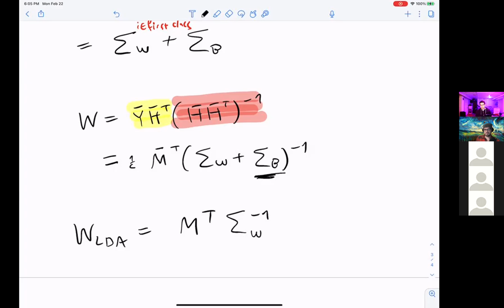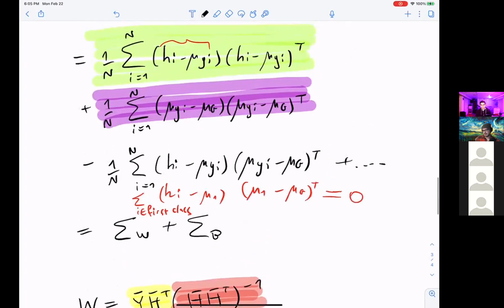Could you say again why the cross terms canceled? Yes. Just the equality with 0 there. Yeah, because notice that the only thing here that depends on i is h_i, right?